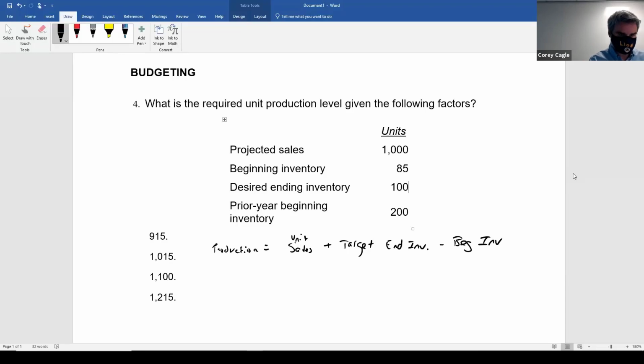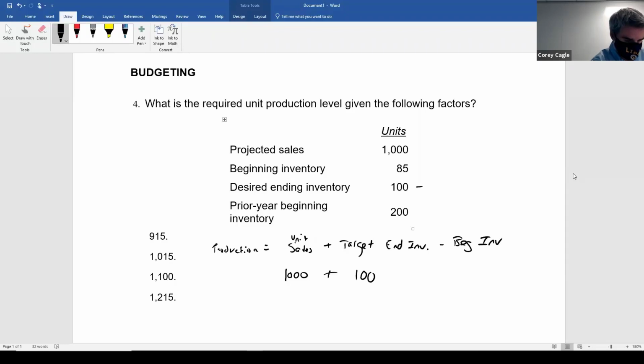This one is extremely easy, but that's okay. Projected sales, budgeted sales is another way to say that, of course. 1,000 units. Desired ending inventory, they want 100 units. Beginning inventory, 85. Prior year beginning inventory, at the beginning of last year, I guess that's what they're trying to fool us with.